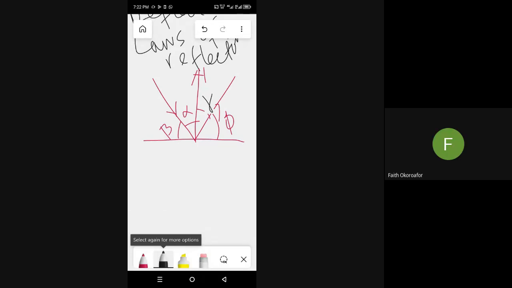Which one is the angle of reflection? Gamma. So gamma plus phi is what? 90 degrees. How about beta plus alpha? 90 degrees. Very good. That's why we call this one the normal. Those are the laws of reflection.